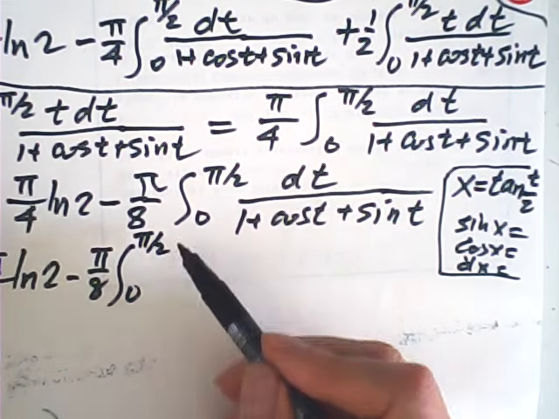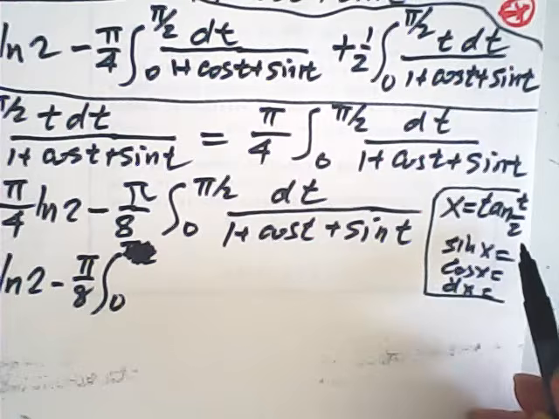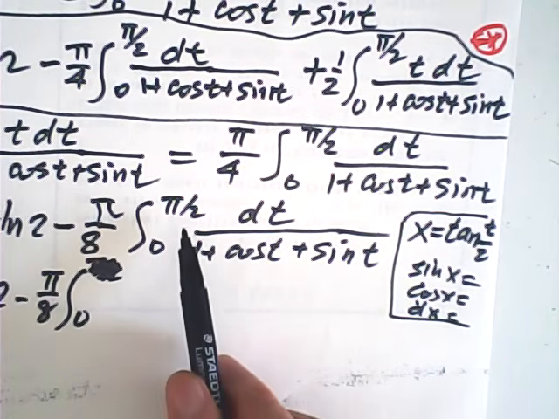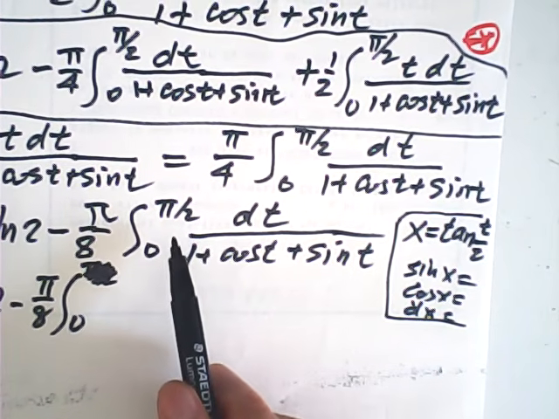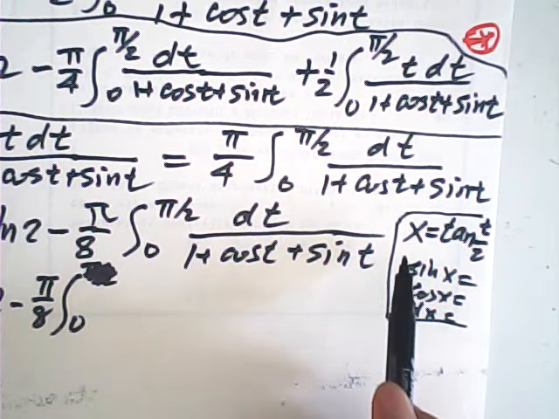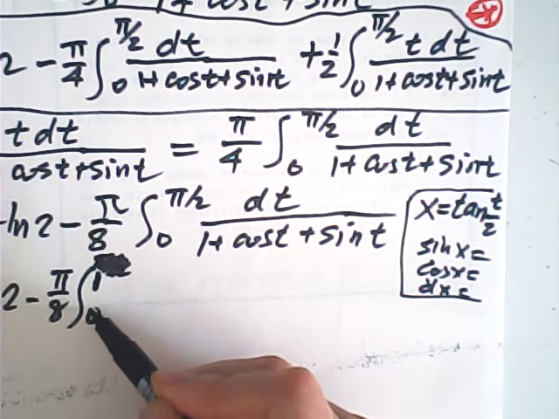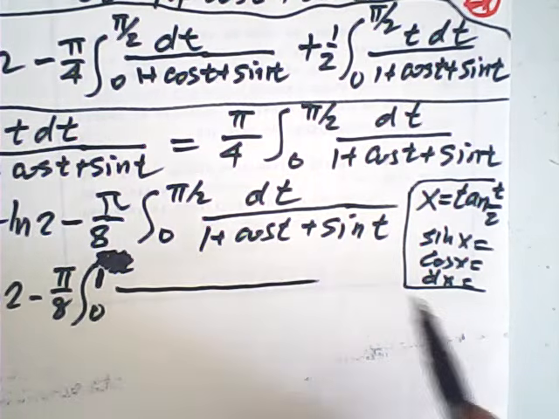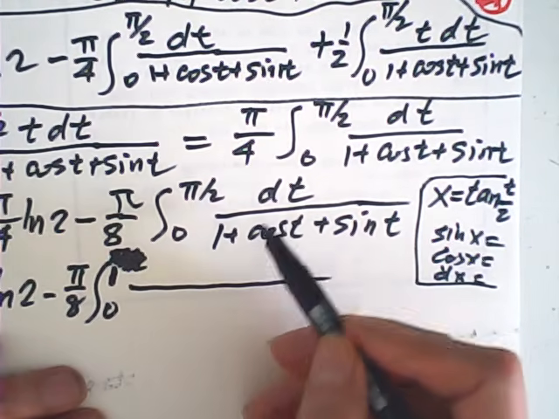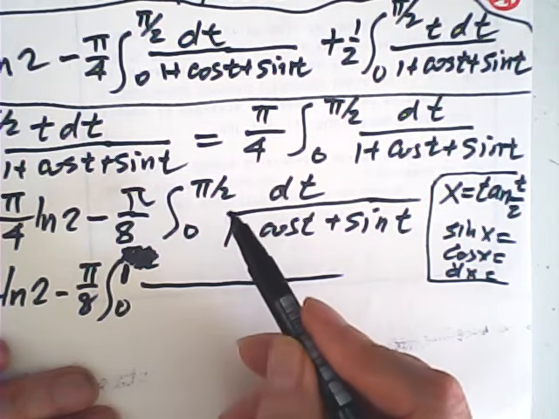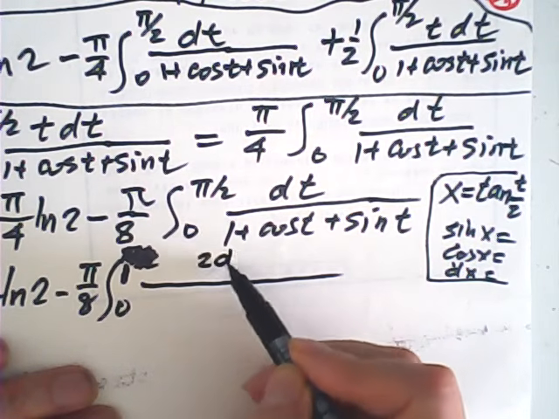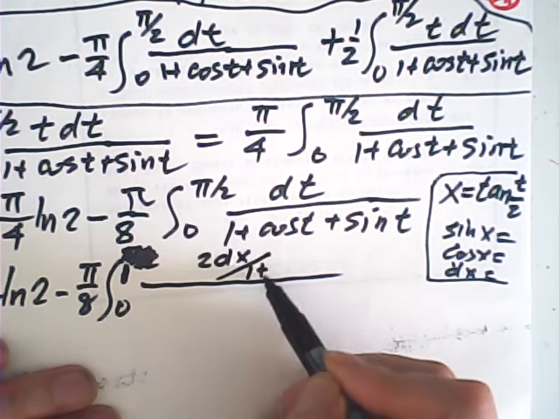Not 0 to half pi. When t is half pi, x is equal to 1. So I'm sorry, this is 0 to 1. And dt will be 2 dx over 1 plus x squared.